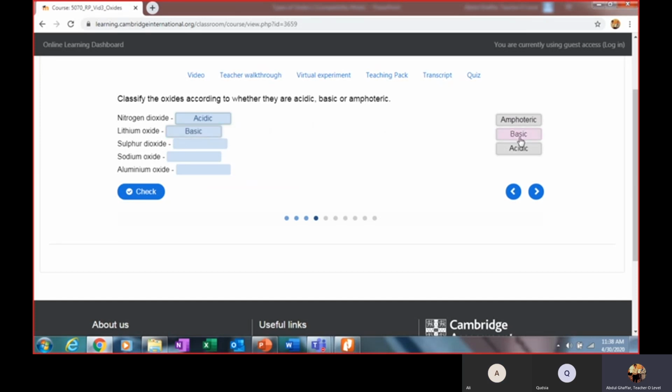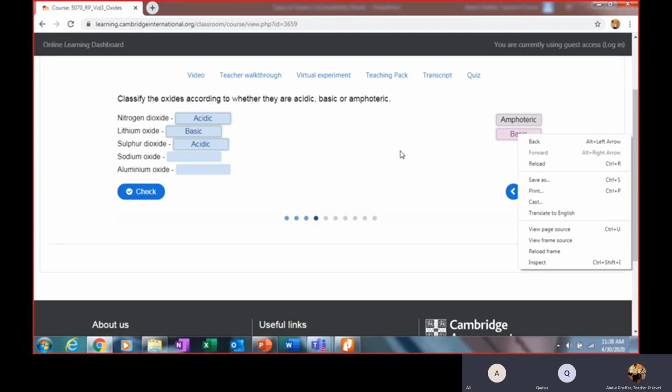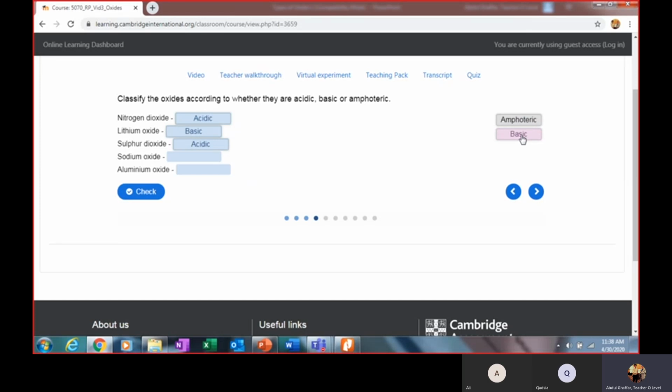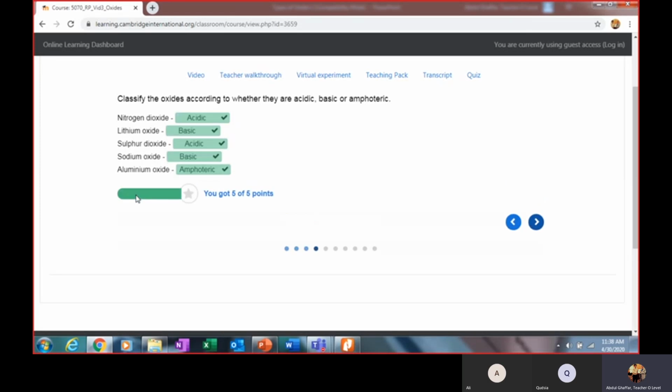Sulfur dioxide is an acidic oxide. Sodium oxide is basic. Aluminum oxide is amphoteric. Okay, good. Very good.